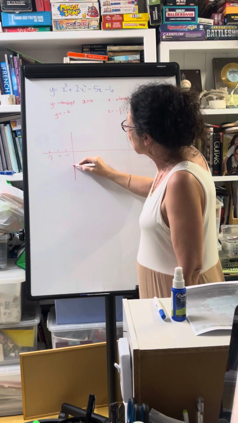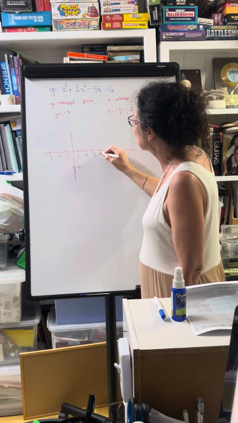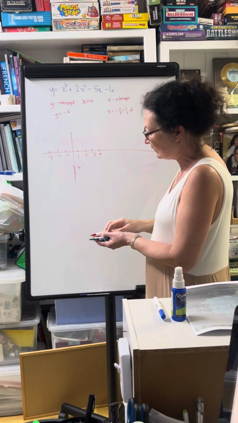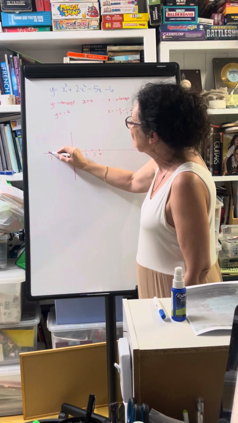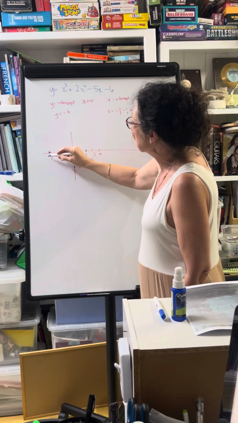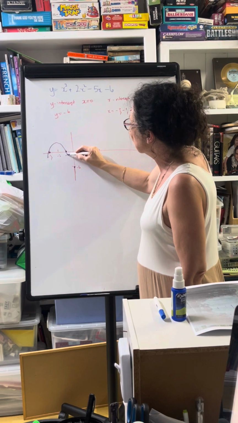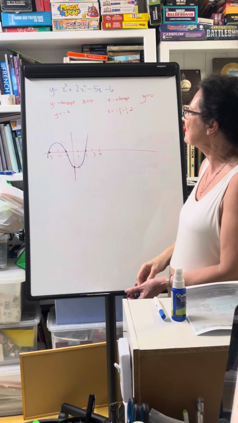We go down to minus 6, and we go 1, 2, 3, and 4, which doesn't really matter. We know it's here, we know it's here, we know it's here, and we know it's here. So you can work out the values as well by differentiating, but we know it looks something like that. I hope that makes sense.